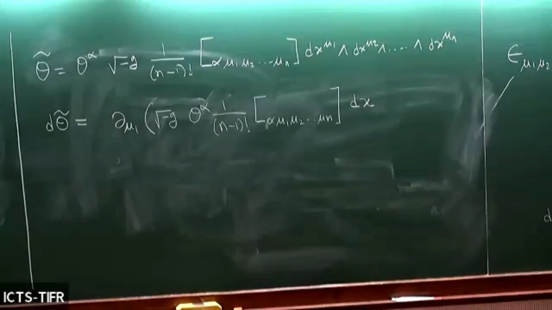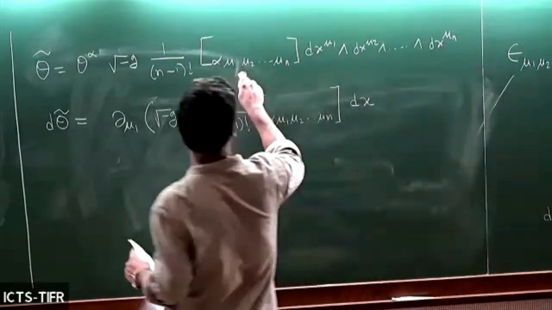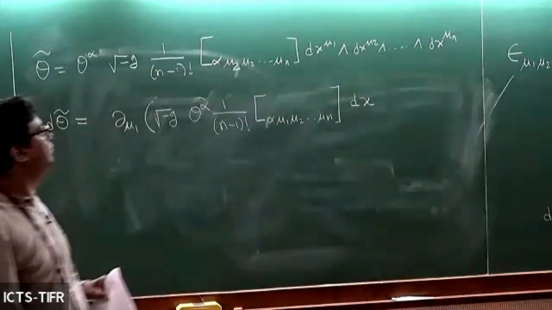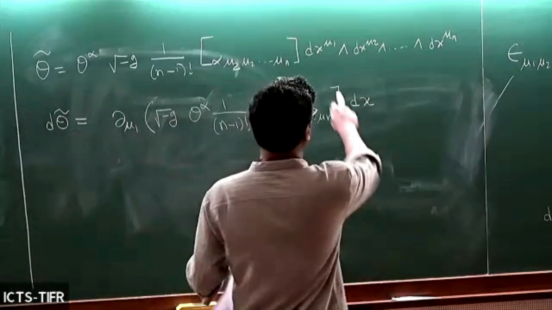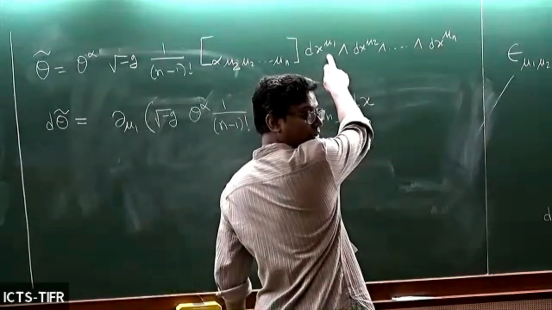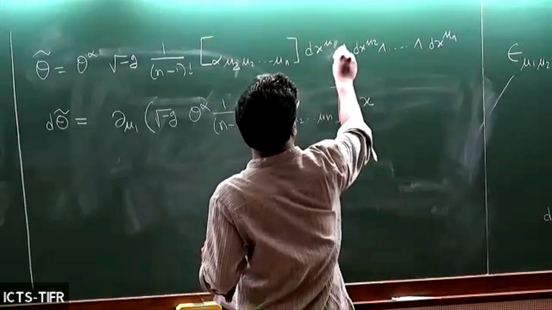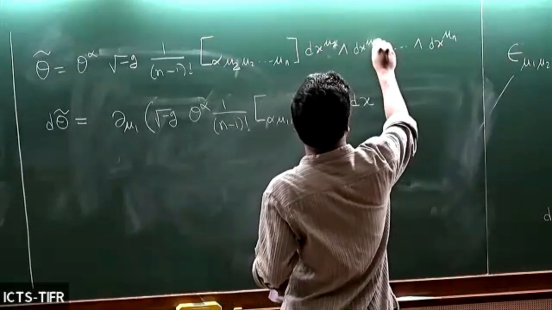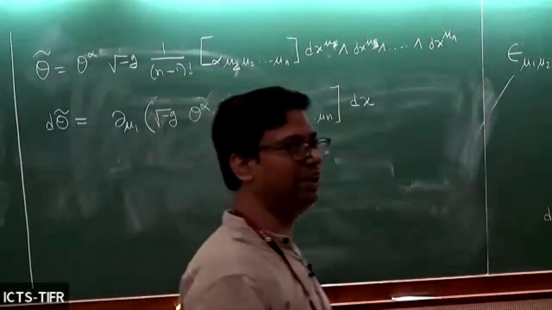Is that so? No, it should, sorry. You are right. It should start with mu2. Let it be mu1. Did I write it wrong? I think it should be started. Okay, fine. Sorry, my index problem.